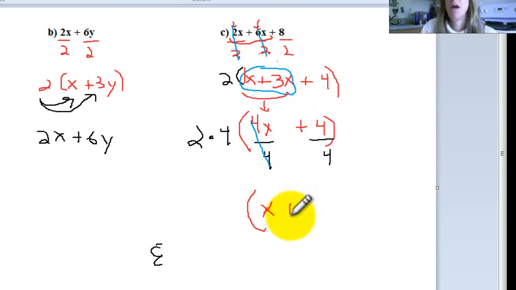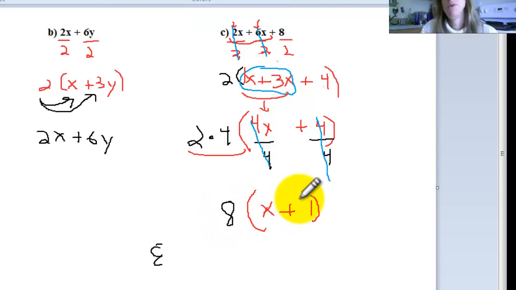Nothing happens to that plus sign, and this reduces to 1. And then you would combine that to get 8 in front. So you end up with the answer that we had the first time I showed you.